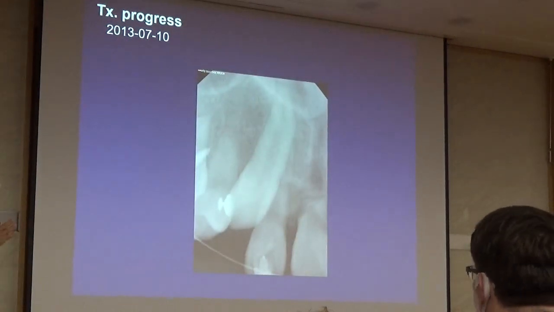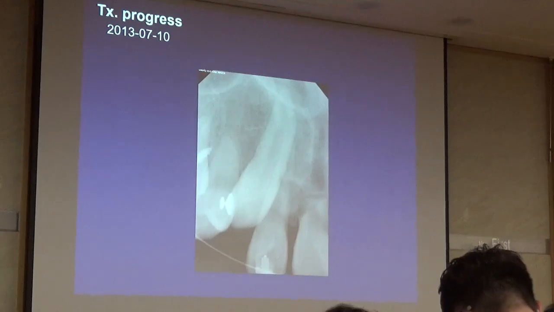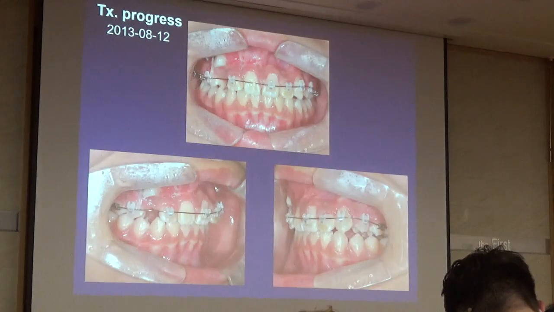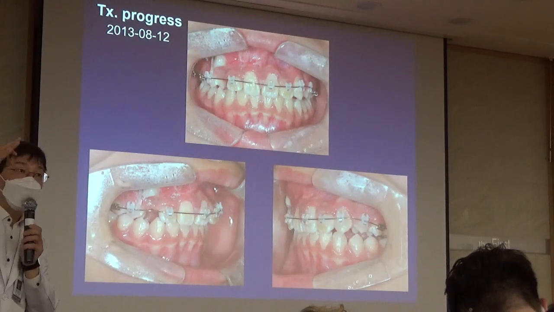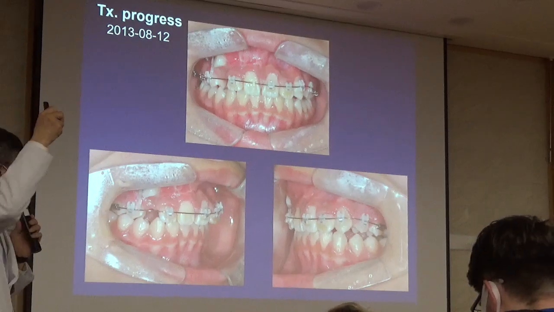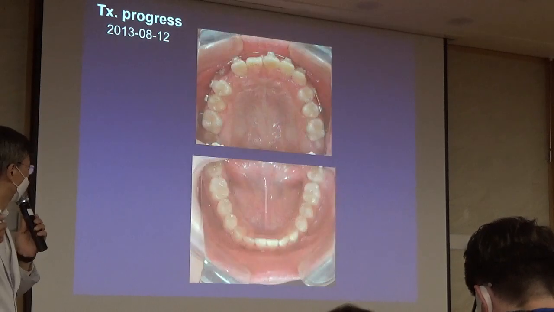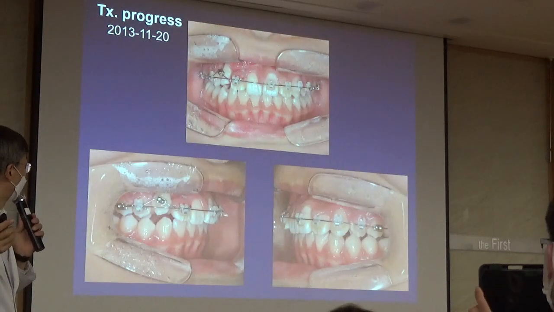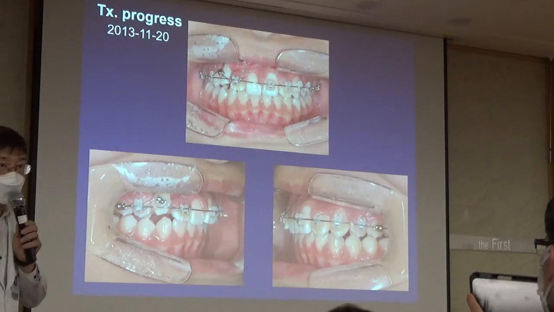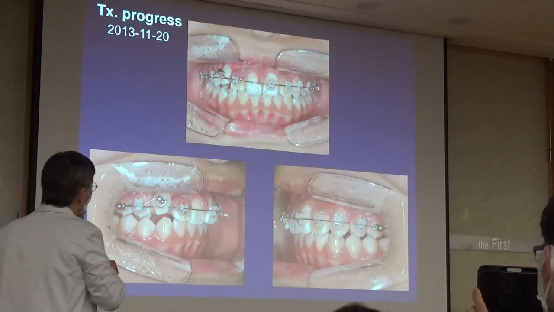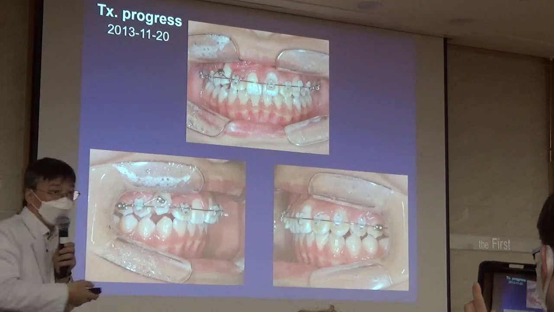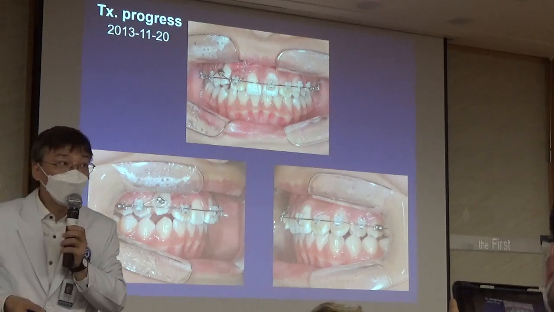And we get to this point. Then we gradually move the canine downward and downward this way. The archwire is bypassing the central incisor because the central incisor is so weak.